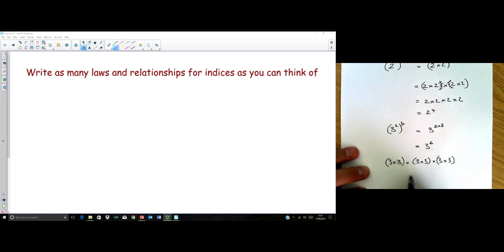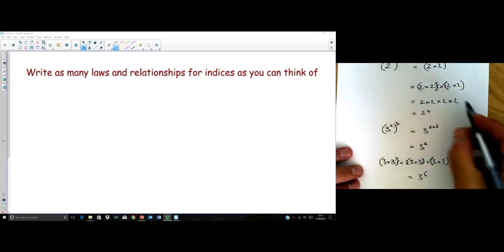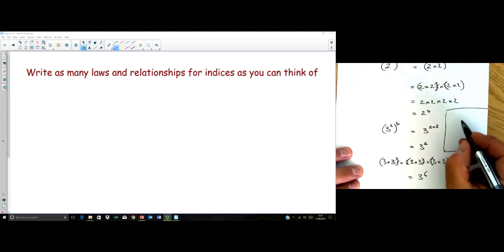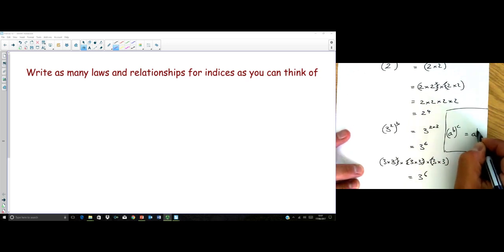And you can see if you get rid of these brackets, you end up with 6 3's, which is 3 to 6. Now in general form, we would write this as a to the b, raised to the power c, is a to the b times c. This is our third one.